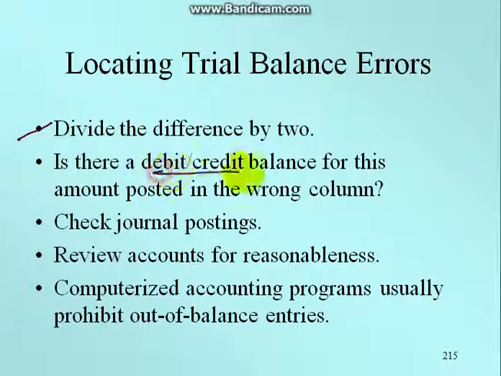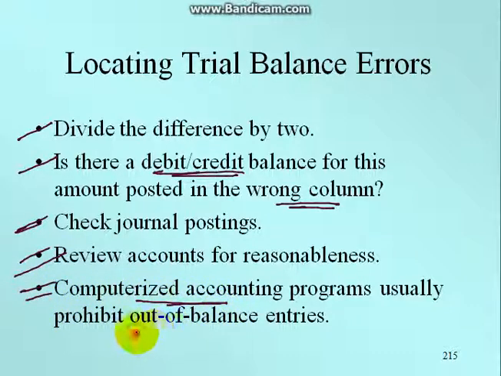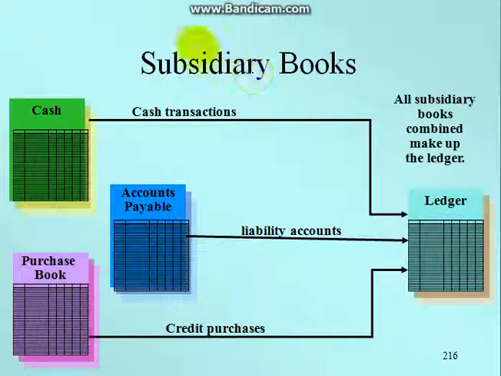Second, a debit or credit balance may be posted in the wrong column. We also have to check whether the journal postings are correct, and review the accounts for reasonableness. The fifth point is that computerized accounting programs prohibit out of balance entries. These are the trial balance errors which come while preparing the trial balance.